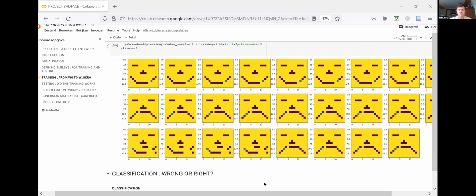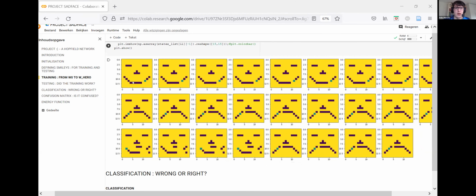I had a question about the green dots in the pictures. So I see sometimes the pictures change, but then the green dot is not there, and then sometimes it's there, but I don't really understand what it's actually doing. I can explain that. The green dot means that the network is not sure if it should be a 0 or a 1 or a -1, because the bars are -1s and the yellows are 1.